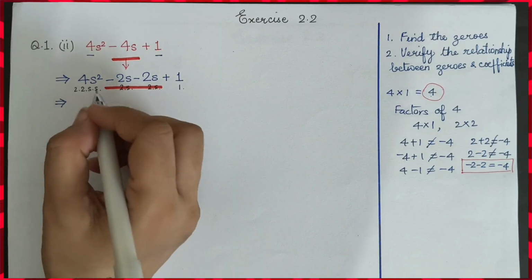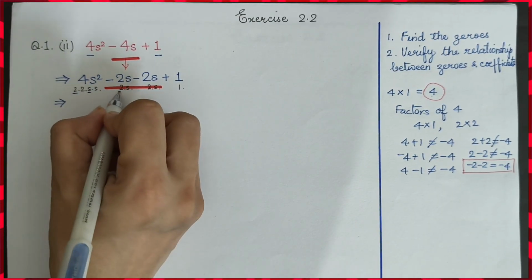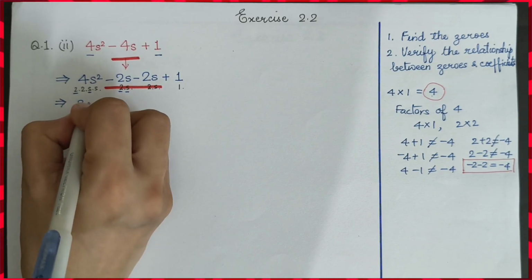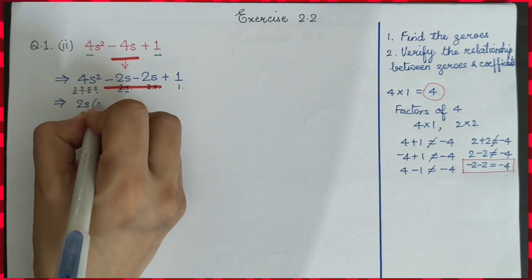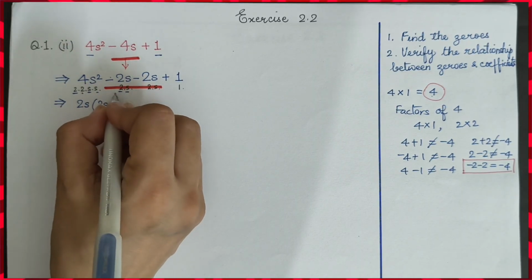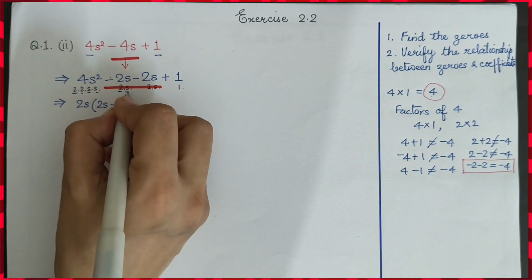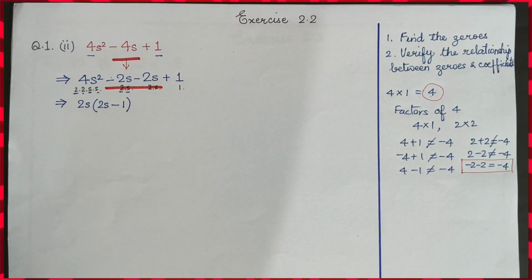We write 2s, then 2s is left, and then the minus sign, and then the entire 2s has gone. So what is left? 1. We don't write the 0. When everything is gone, then 1 is left. Minus, now here again nothing is common. When nothing is common, that means we have 1 as common.